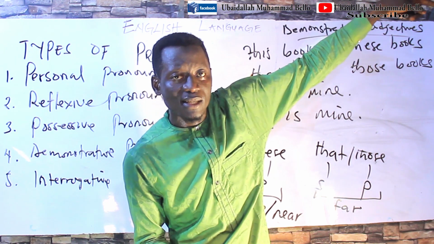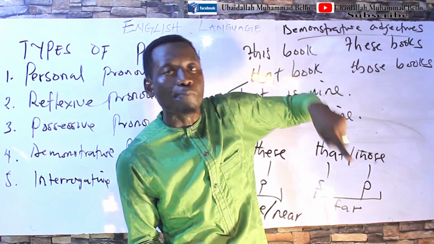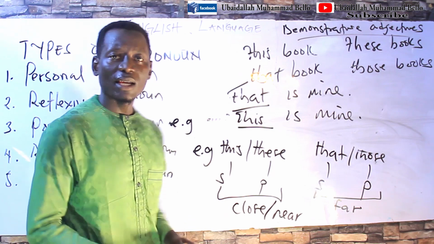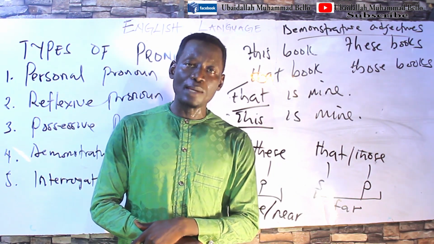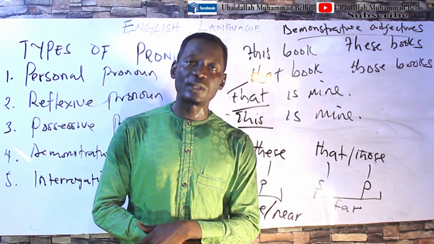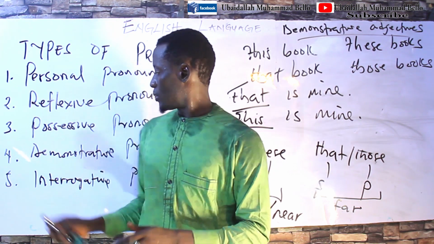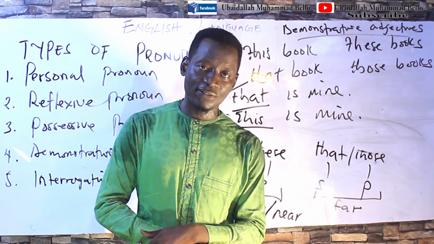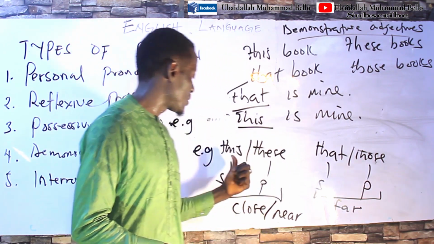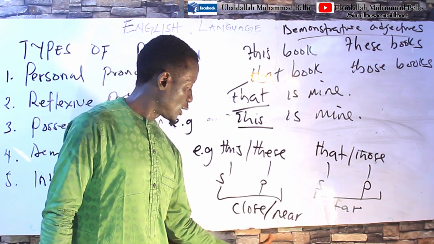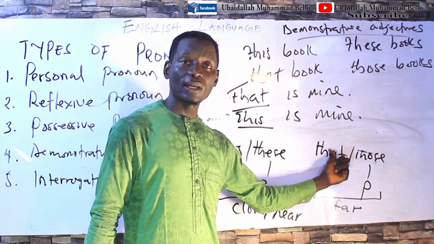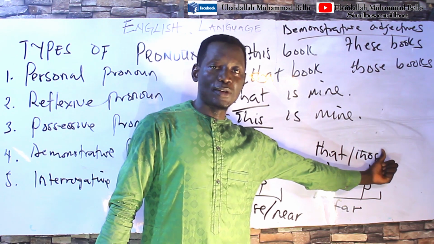Those markers, because they are far and plural. So if you know how this operates, you are good to go to discuss demonstrative pronouns. Singular, don't forget: close, plural, close; singular, far, plural, far.